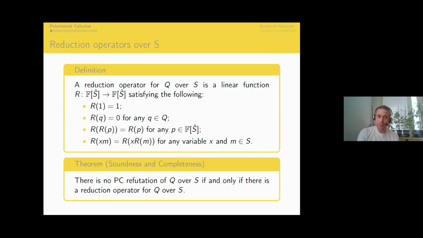The soundness, from a reduction operator to the non-existence of a refutation, is a simple inductive argument on the structure of the proof. But let's see more details on the completeness: from the assumption that there's no refutation, how to construct such a function.